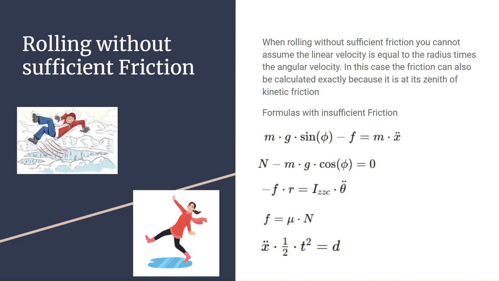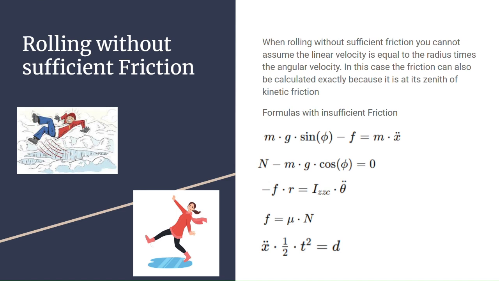Now, without sufficient friction. The biggest thing here is that friction has a mu value. When there is sufficient friction, this mu value could be used to its max capability, meaning friction's at its max kinetic, or it could not be. All we know is that it's providing enough. It could provide more, it could provide less.